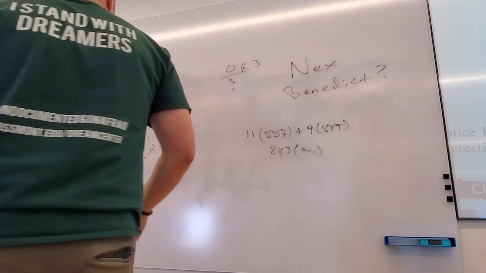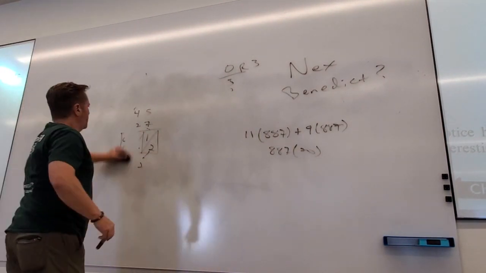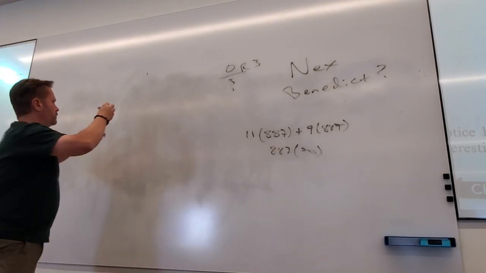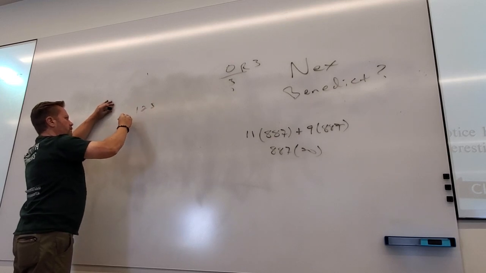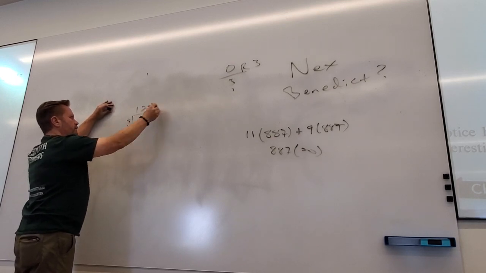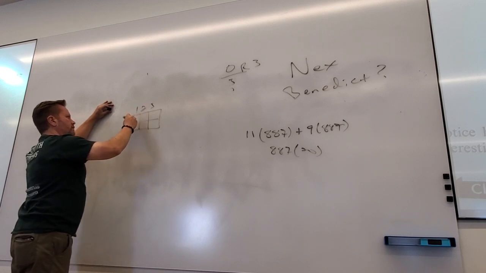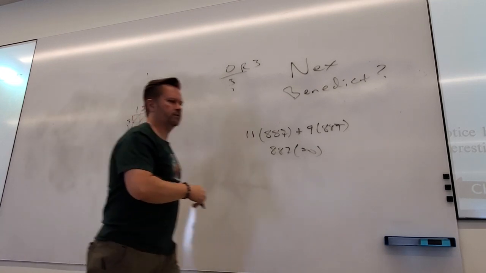Yeah, let's see if I remember how to do it. Multiplication is a little different. You have to set it up. Let me see if I remember. So let's say I want to do something not too crazy. 123 times 31. I think you have to set it up like this. Is this right? Let me look at it. I feel like that's right, but it's weird.